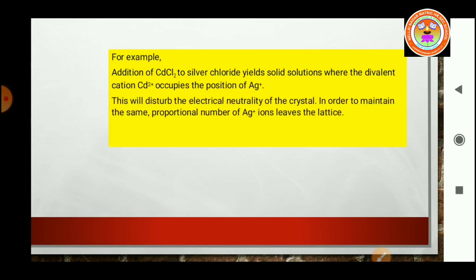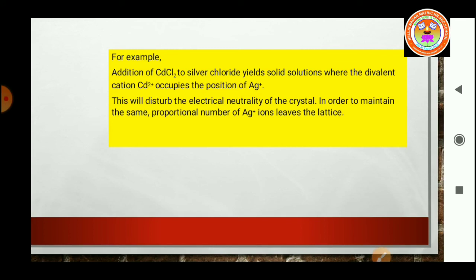So this will disturb the electrical neutrality of the crystal, isn't it? So in order to maintain the same, how is it maintained? That is, a proportional number of Ag+ ions leave the lattice.